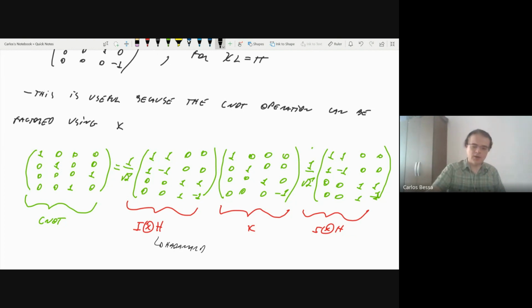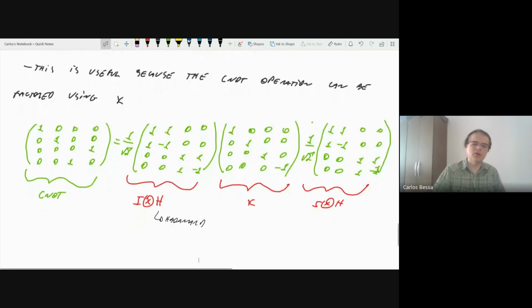And if we remember, I think in one of the exercises we did a couple weeks ago, we showed that the Hadamard gate could be done using beam splitters plus phase shifters.